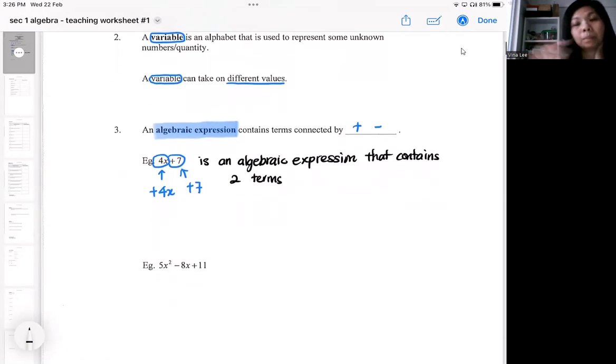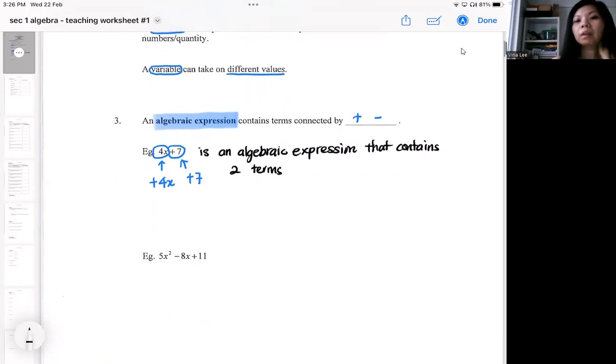Two bubbles. Can you see I bubble them up? So that one is called two terms, and they are connected by plus or minus. They can only be connected by plus or minus.